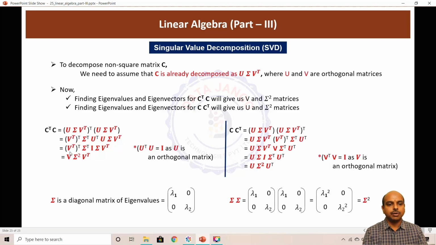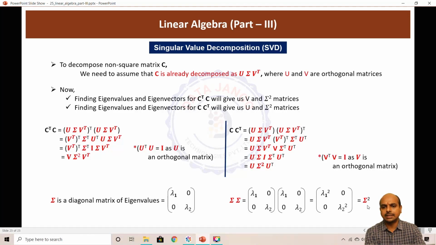So you got V transpose transpose. When you transpose a matrix and transpose it again, you get the original matrix, so V. And then sigma and sigma give sigma square, because sigma is a diagonal matrix. When you multiply two sigmas, multiply this with this and this with this, you get sigma 1 square plus 0, 0 plus 0, 0 plus 0 and 0 plus sigma 2 square.